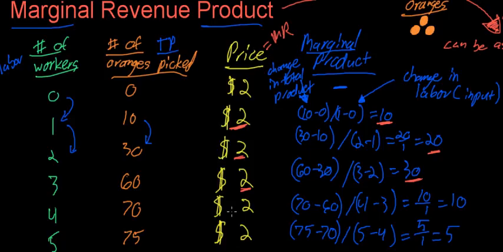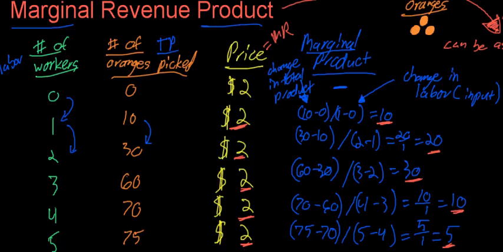The marginal revenue product of the fourth worker is $2 times 10 oranges, which is just $20. And the marginal revenue product of the fifth worker is 5 times 2, which is $10.